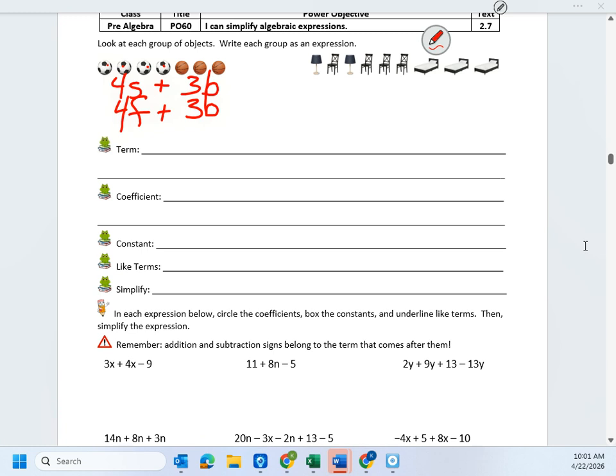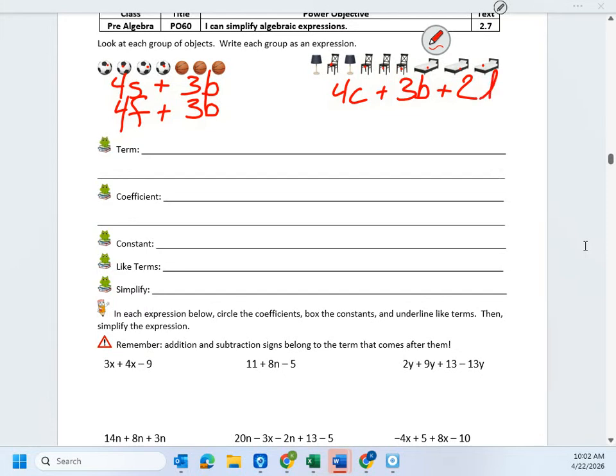Okay. For the next one, it looks the same. What do you think we would shorten that down to be? Clara? 3C plus 4C. 4 chairs, 3B, 3 beds, 2L, 2 lamps.